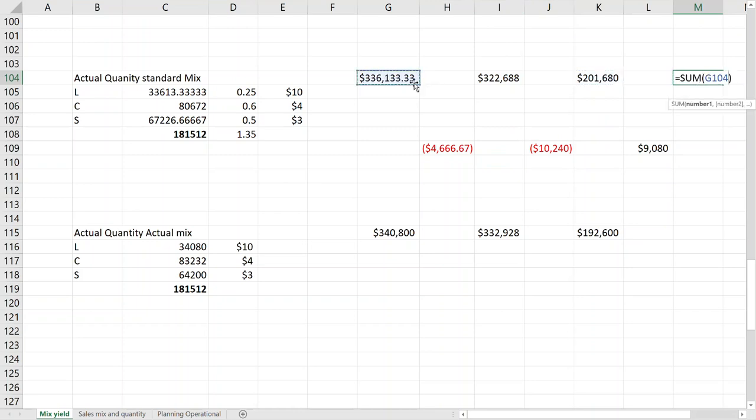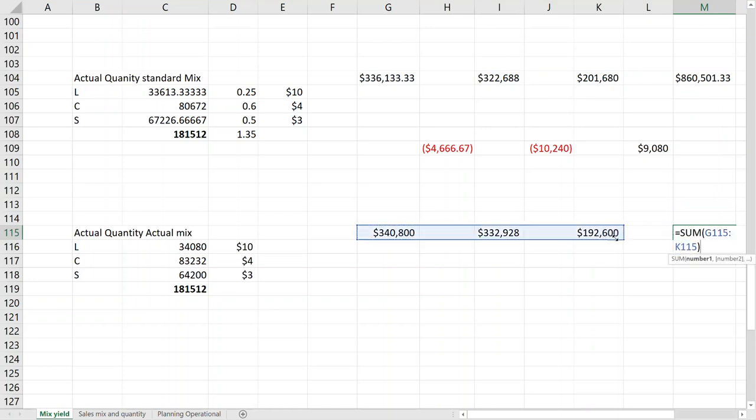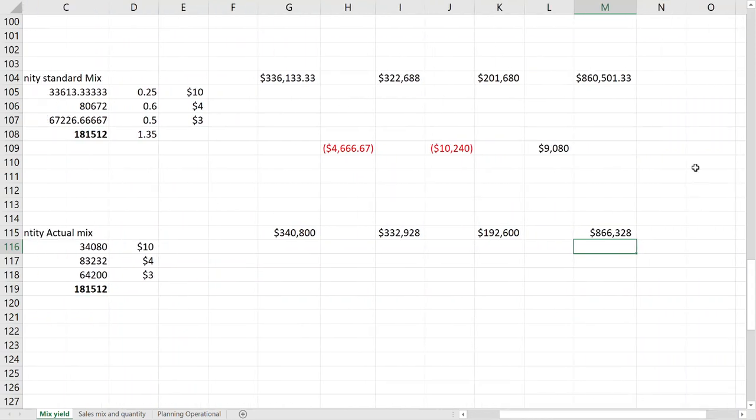If you add all totals, this is how much material should have cost us per standard mix. But actually, according to actual mix, it is 866,000. So we have an adverse variance of 5,826.